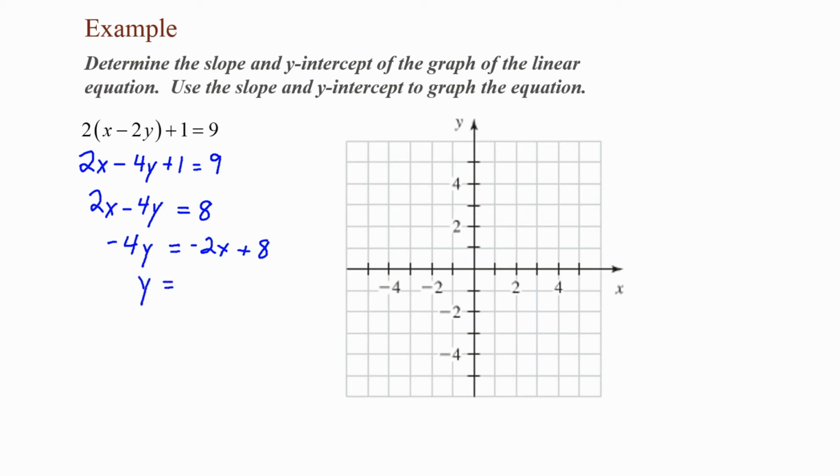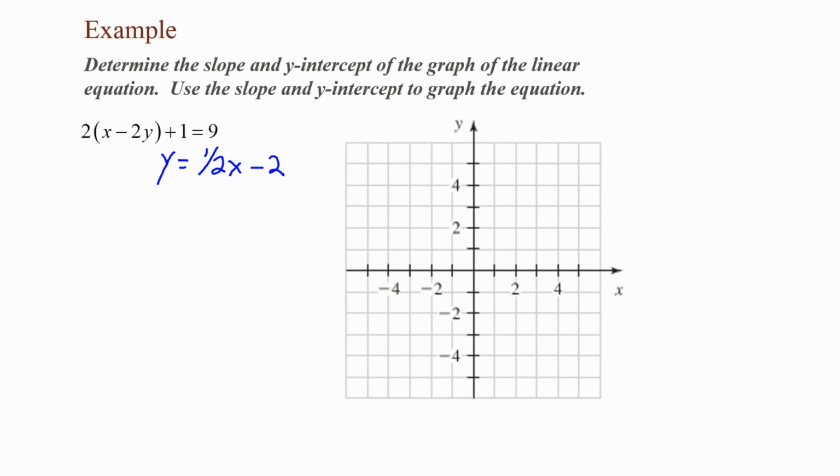So y equals 1/2 x minus 2. Now that I've simplified my line, I have y equals 1/2 x minus 2. It's in the format of y equals mx plus b, so I can easily find my slope and my y-intercept. My slope is 1/2, and my y-intercept is negative 2.